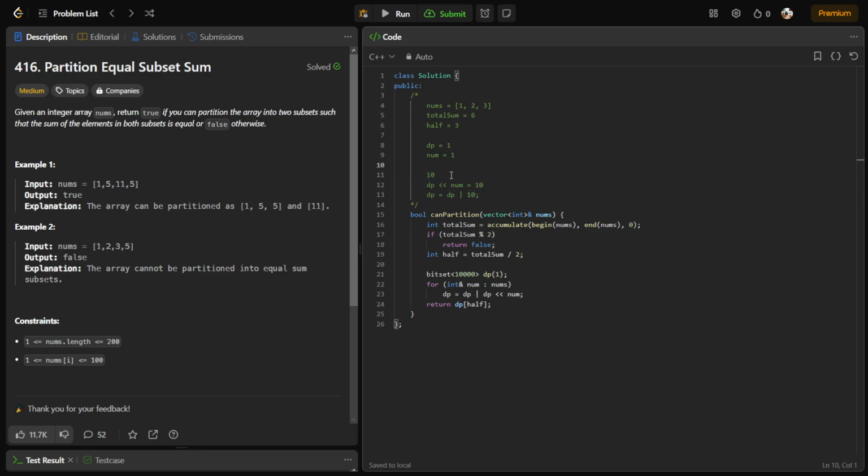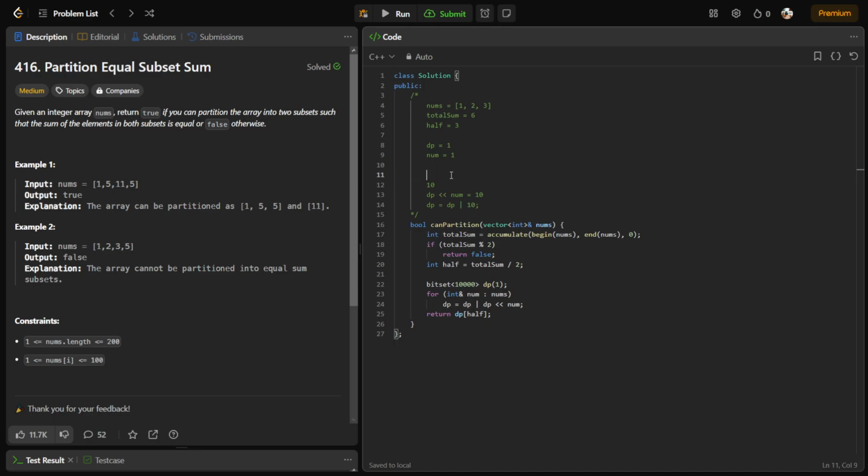So if you remember, dp was 1, meaning that there's an existing 1. So if we were to do an OR, dp will now become 11, right, because OR takes in a 1 as long as there's a 1, right? So that's how it works.